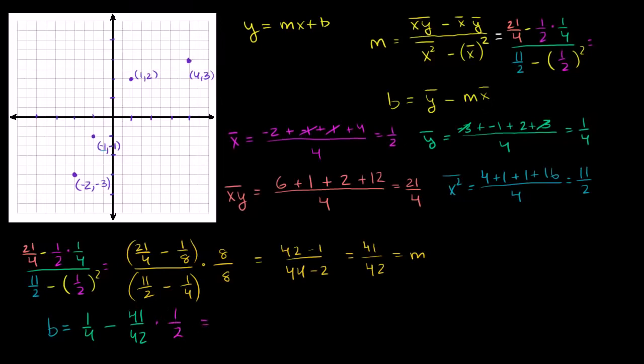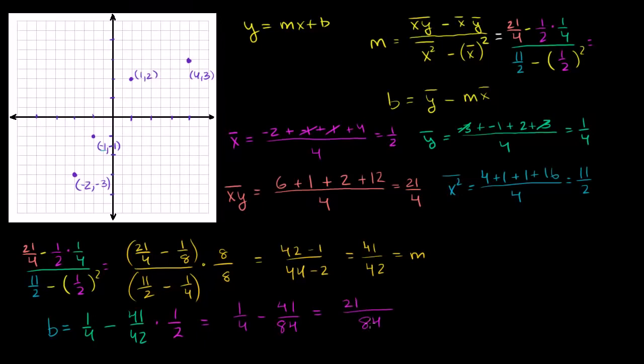So times 1/2. And so this is going to be equal to 1/4 minus 41 over 84. Let me just find a common denominator. So let's go over 84. What's 1/4 of 84? 1/4 of 80 is 20, so this is 21, right? 21 times 4 is 84.